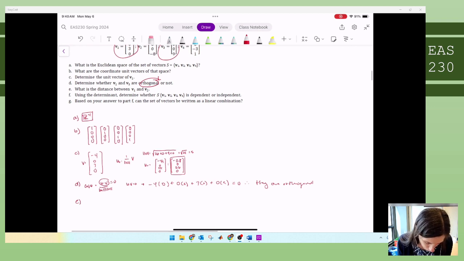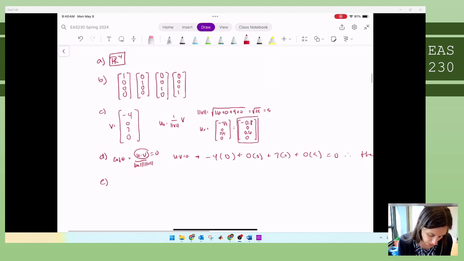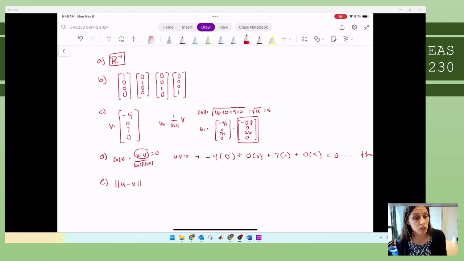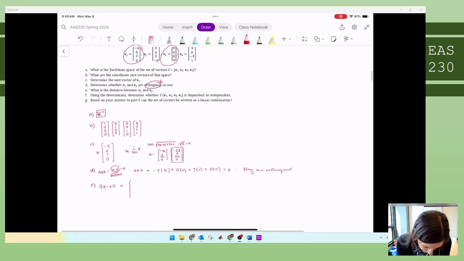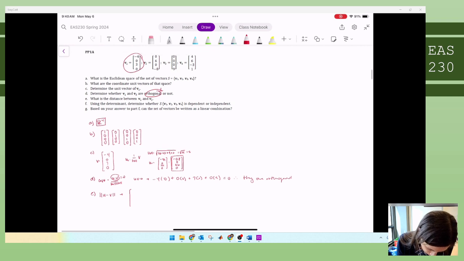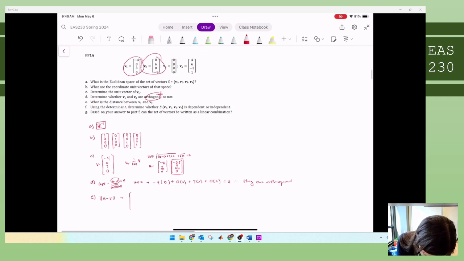E. What is the distance between u, or V1 and V2? So the distance equation looks like this. It doesn't matter which one comes first, because it's going to be normed anyway. So V1 and V2. Now I'm looking at these 2 vectors.